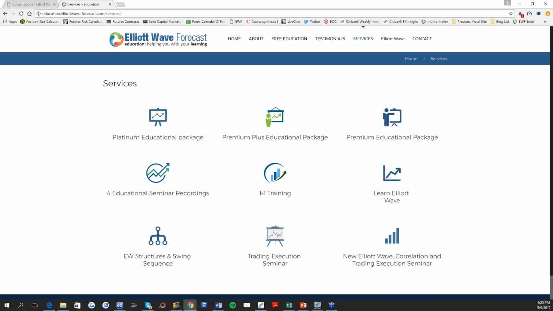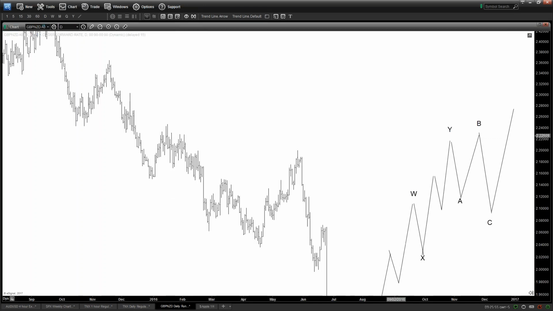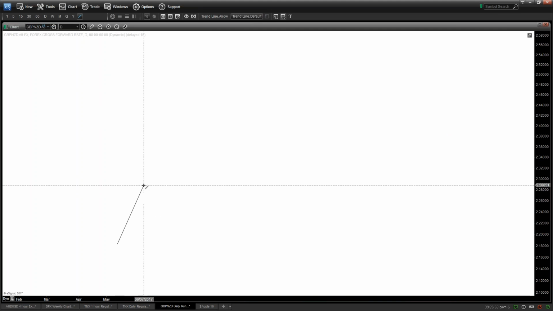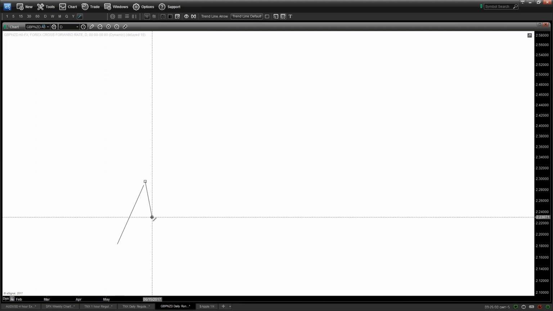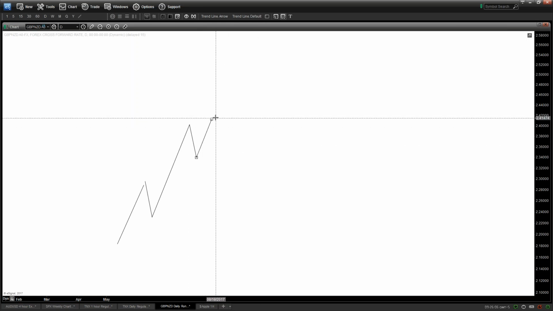In a diagonal, each wave, like wave 1, wave 3, and wave 5, can be subdivided into 3 waves. That is something you should be aware of. Right here, a 5 waves impulse is doing this. This is an impulse, very straightforward.